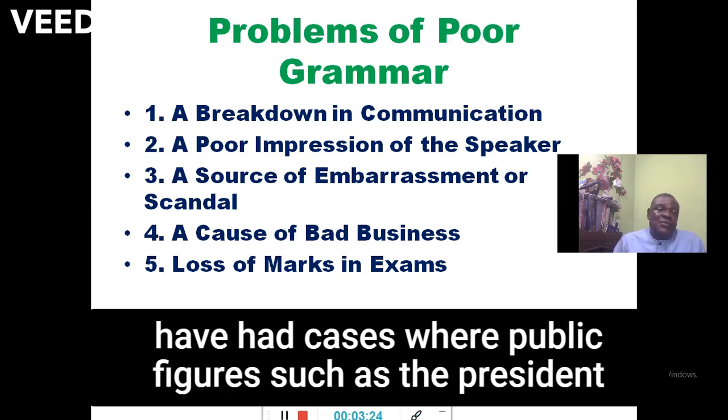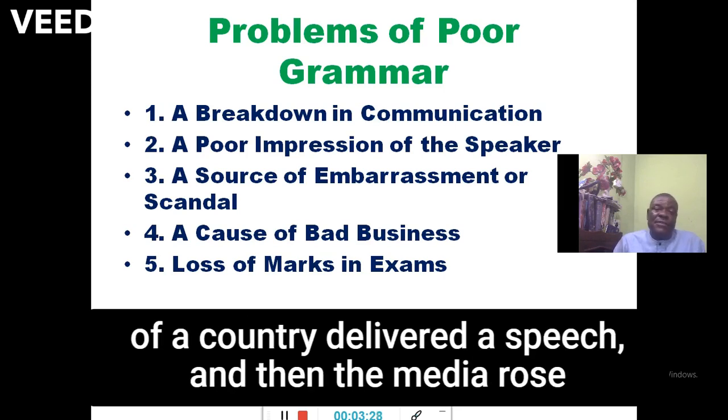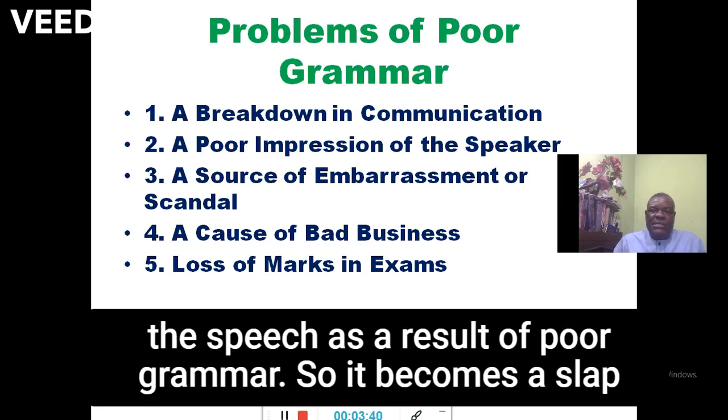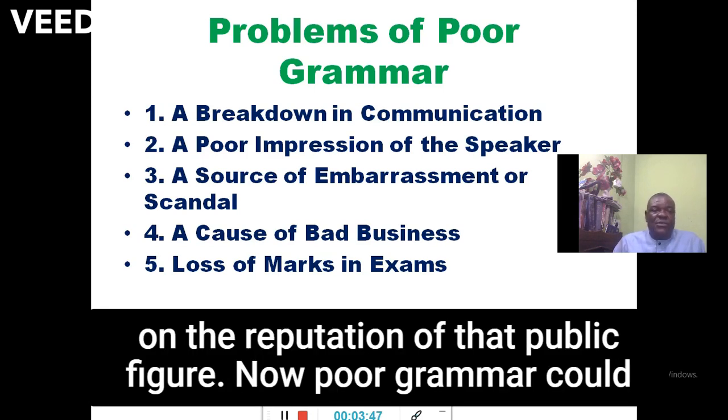We have had cases where a public figure such as the president of a country delivered a speech, and then the media rose with all kinds of comments because people picked holes in the speech as a result of poor grammar. So it becomes a slap to the reputation of that public figure.